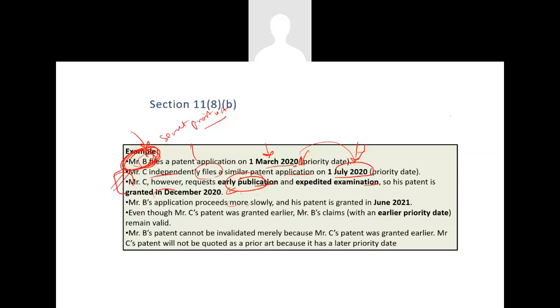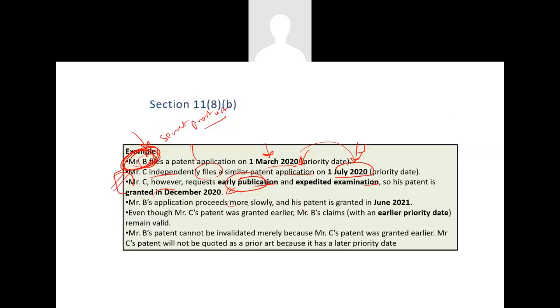So now you may question, would both continue to retain the patent grant? Two granted patents for the same invention, so does the licensee have to go to both of them to seek a license? Well, that would be decided strategically by the businesses. Mr. B can decide to go to the court or file a revocation of Mr. C's patent, saying that I have an earlier priority date and Mr. C's patent grant is not correct and should be invalidated.